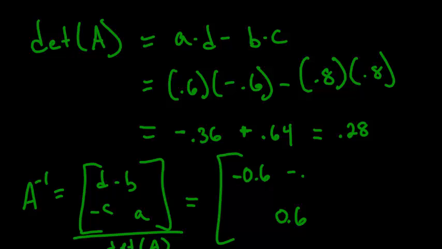Hold up. I lied. This is a negative. This is a positive, so this is negative right here. And this is equal to 1. So the determinant is equal to 1.